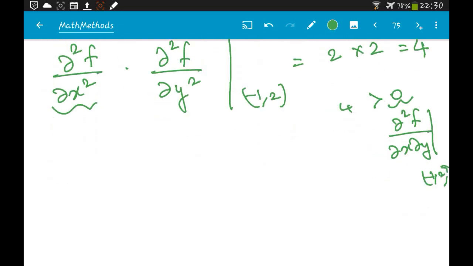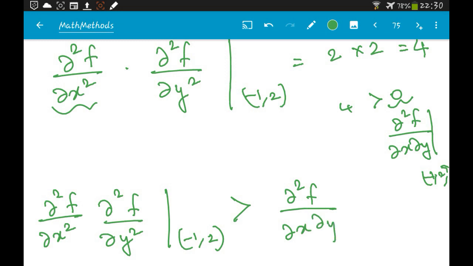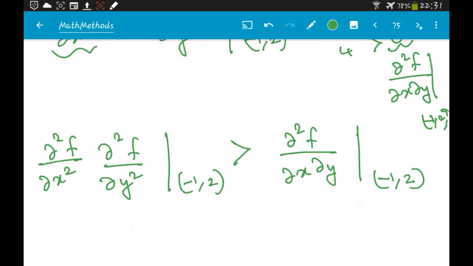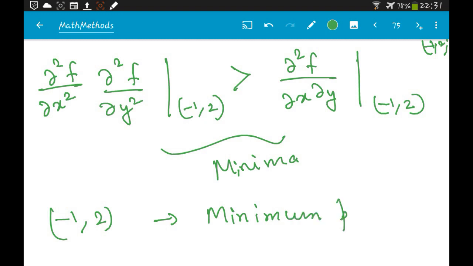So basically what we are saying is dou square f by dou x square times dou square f by dou y square at minus 1 comma 2 is greater than dou square f by dou x dou y at minus 1 comma 2. So the condition gives you the condition for minima. So we say that minus 1 comma 2 is the minimum point.